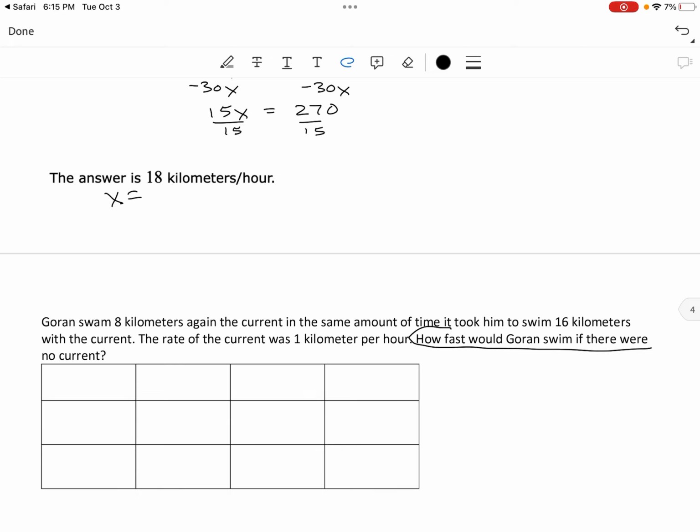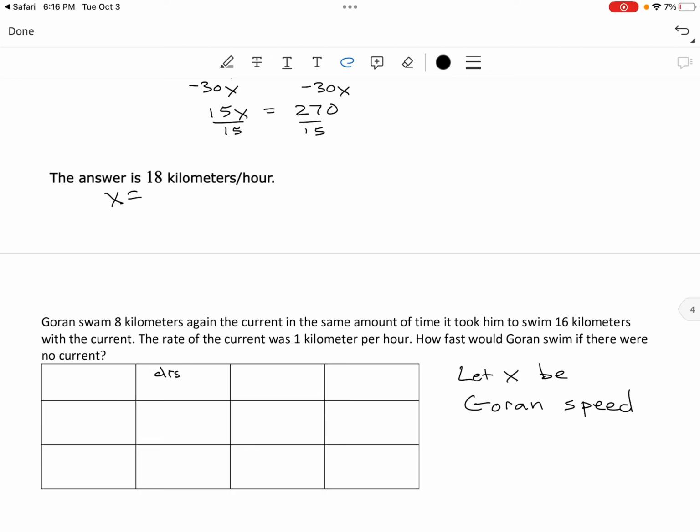Again, focus on the question first. They're asking for his speed, so we're going to let x be Goran's speed. Just him by himself, no current.